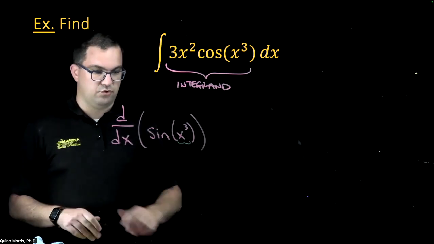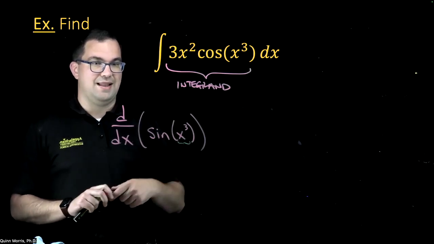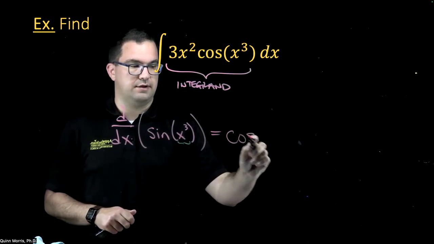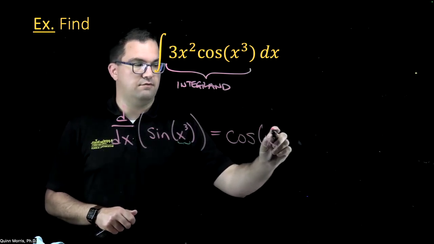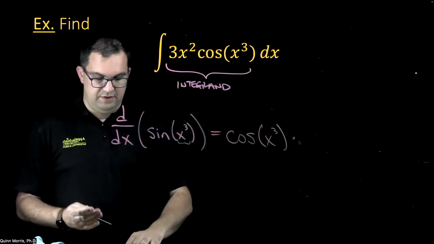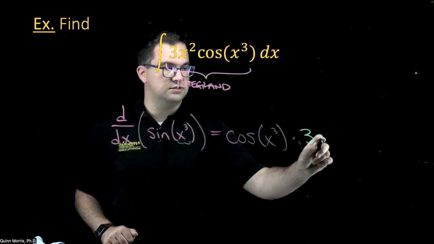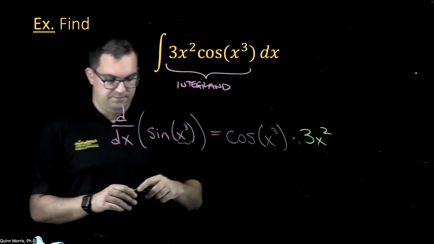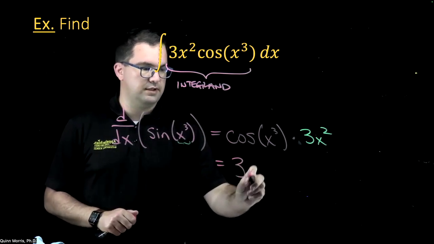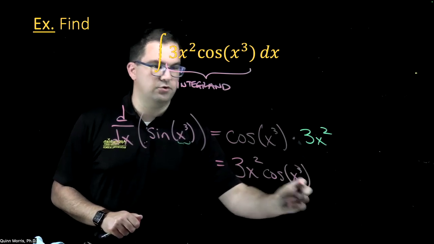In applying the chain rule, I take the derivative of the sine function and evaluate it at x cubed. The derivative of the sine function is cosine, so I'll get cosine of x cubed. But then I get times the derivative of this inside function x cubed, and its derivative is 3x squared. And so, in fact, the derivative of this is 3x squared times cosine of x cubed.